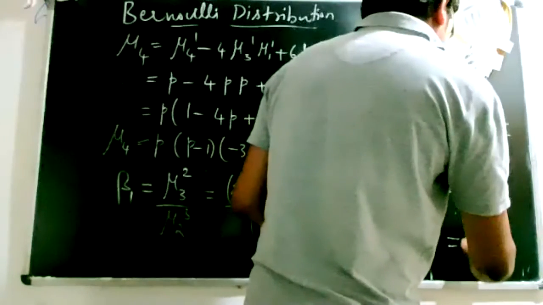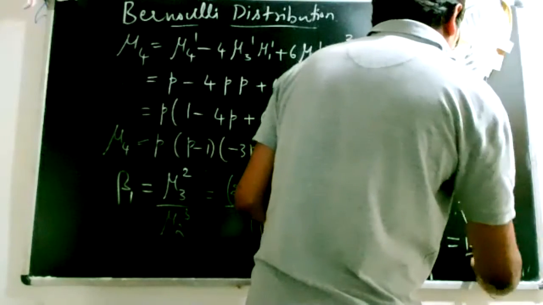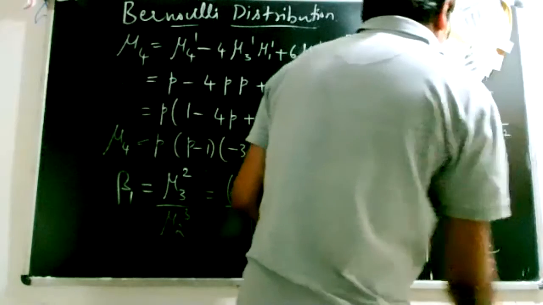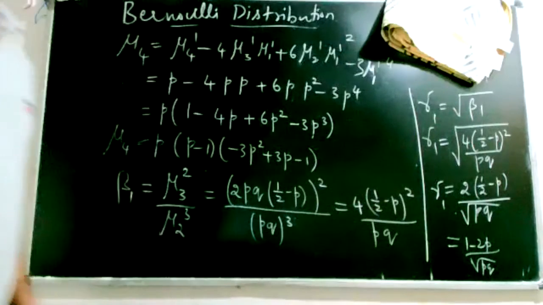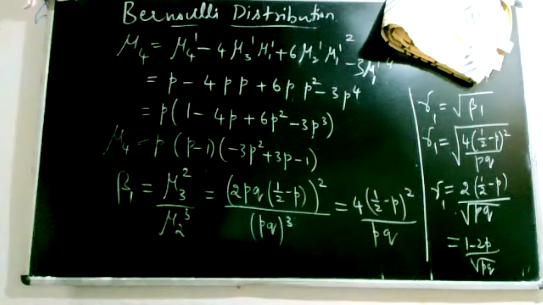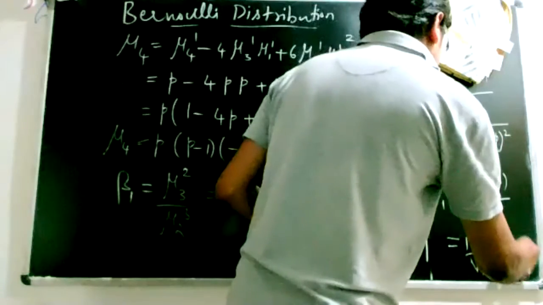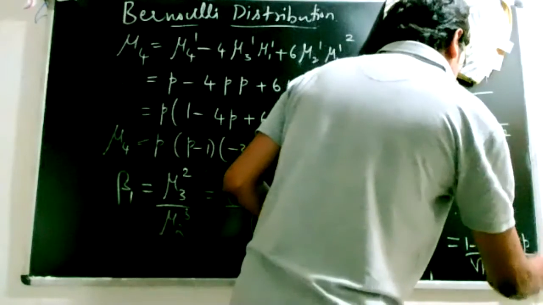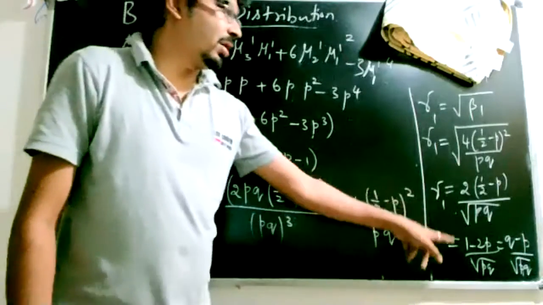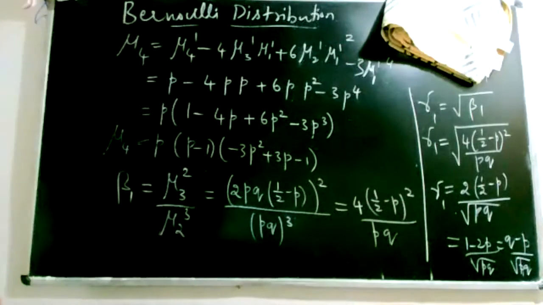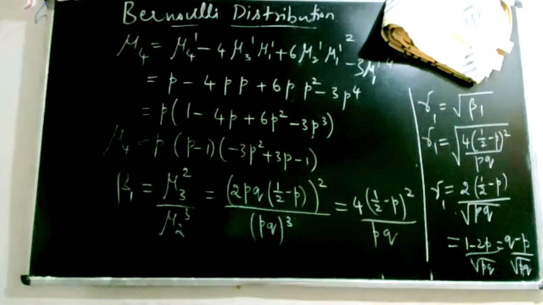Or you can write this as 1 minus 2p divided by root pq. 1 minus p you could write as q, and also you can write that as q minus p. So several forms are there. You know that q is equal to 1 minus p, so you can express that in various forms.